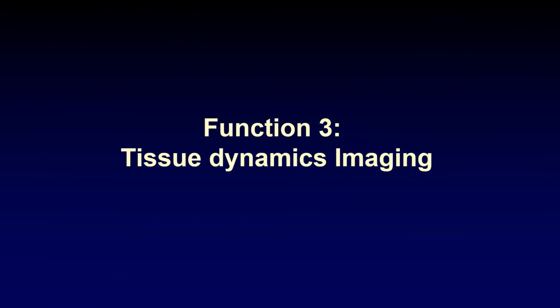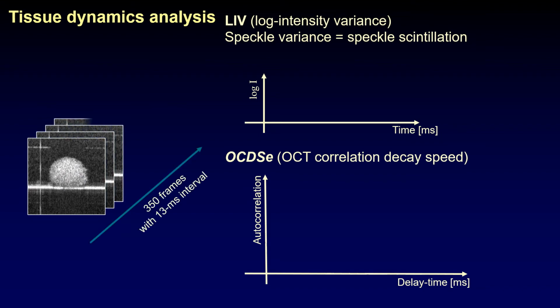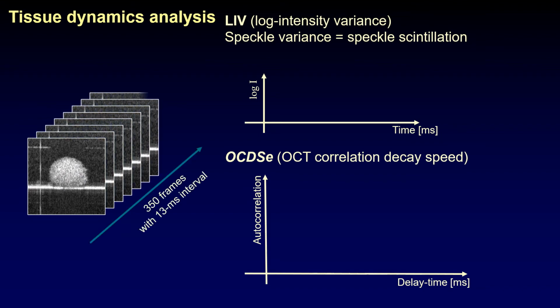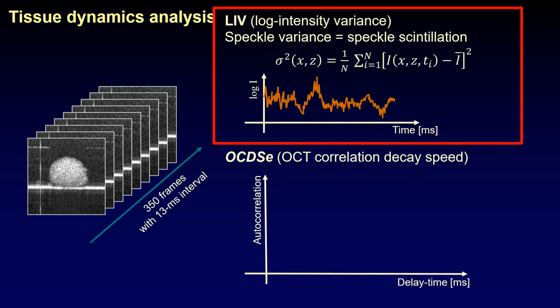Let's go to measurement function 3, the tissue dynamics imaging. The tissue dynamics imaging is a combination of the time sequential OCT measurement and its statistical analysis. For the statistical analysis, we developed two algorithms. The first one is log intensity variance, or LIV in short. It assesses the magnitude of the fluctuation of the OCT signal along the time.